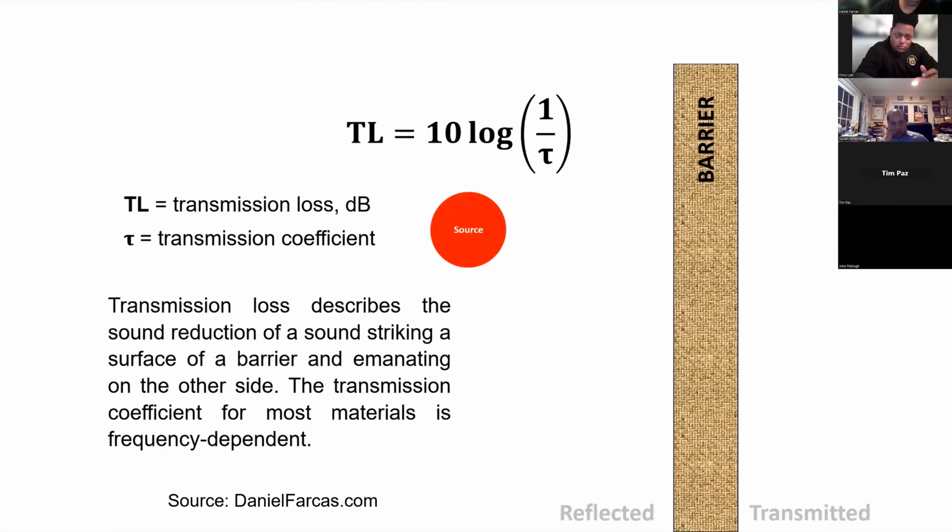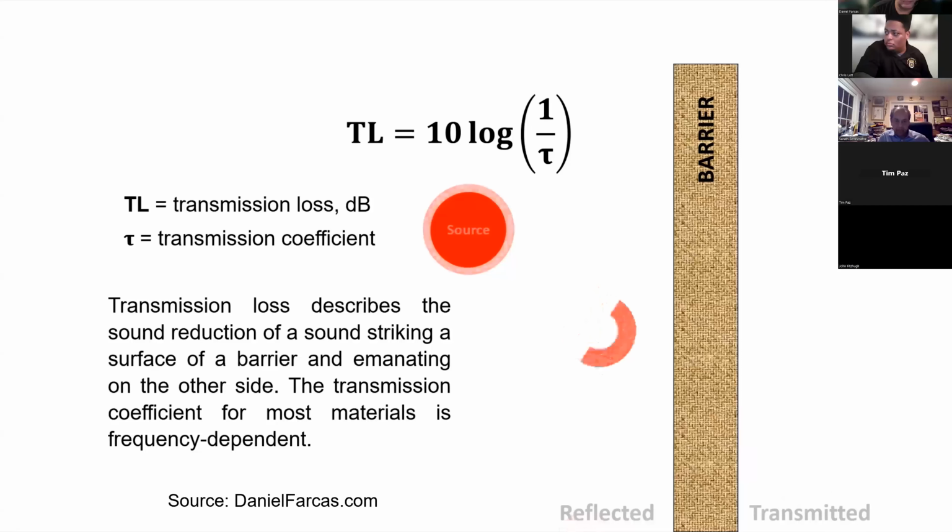And now let's look at the transmission loss formula. Sound transmission loss is usually a measure of the effectiveness of a building element, such as a floor, ceiling, or a wall, in reducing the transmission of sound from one side to another.